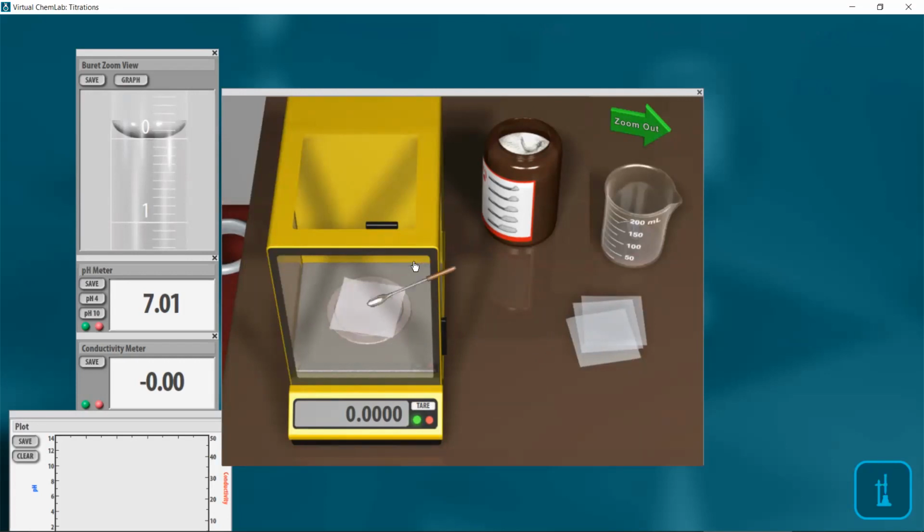And now drag this over. And now you want about 2 grams, so you're going to do this twice. And if it doesn't change like it didn't, now it will. Now about 2 grams, 1.9, you'll take the filter paper and dump it in the beaker. Now you'll hit zoom out.